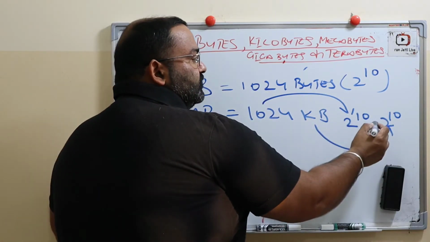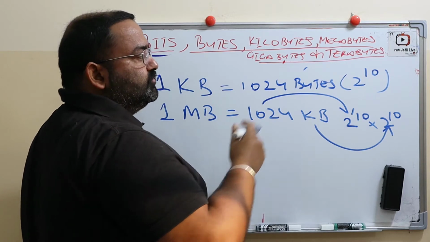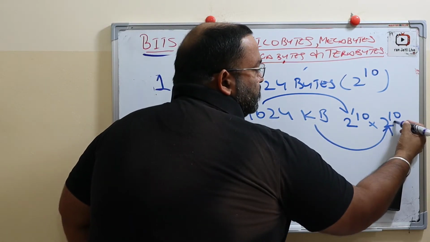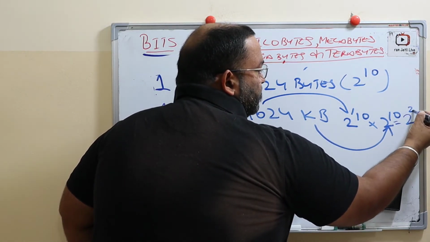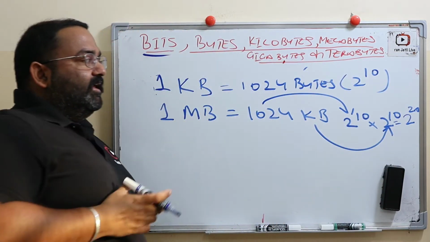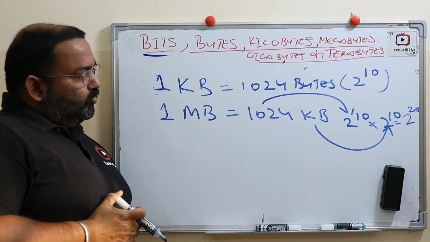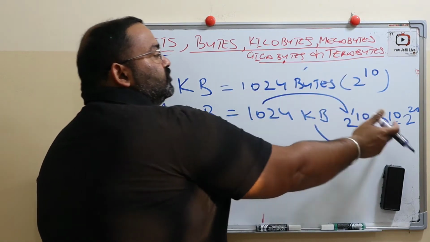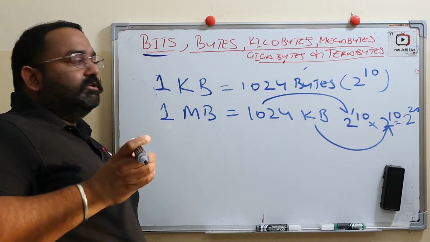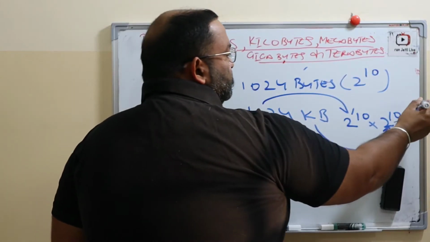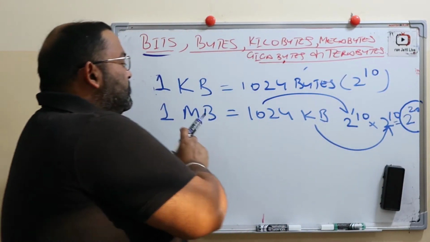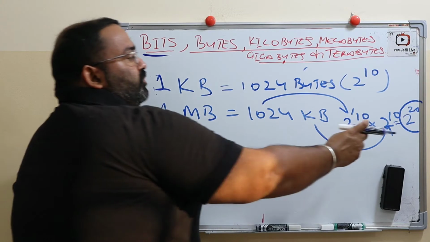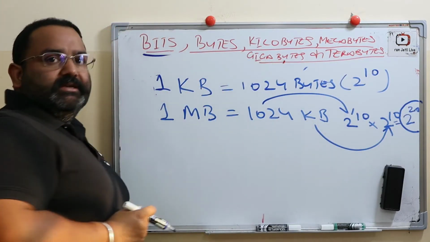So 2 power 10 into 2 power 10 gives you 2 power 20. So 1 megabyte is 2 power 20 bytes.